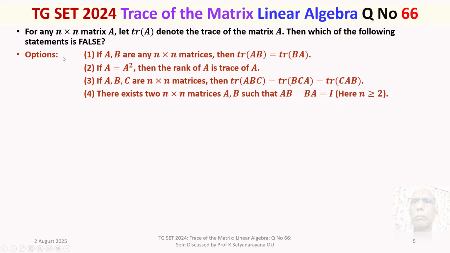Right. We have to find out a statement which is false out of these four. If you look at these four options, you might have studied in your BSc first year or even at plus 2 level, this option 4 is not true, and the remaining are all true.